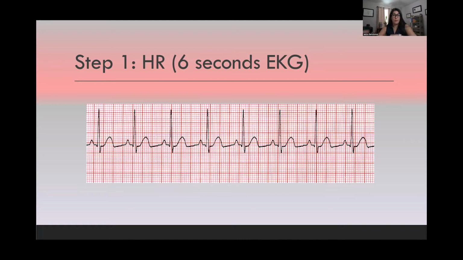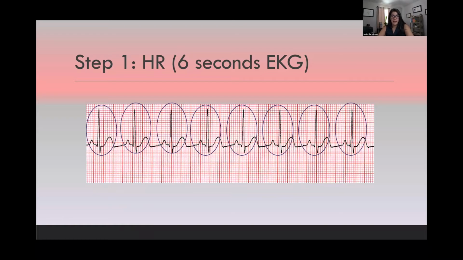So this is how we do this. We count every QRS. So we have 1, 2, 3, 4, 5, 6, 7, 8. Multiply that by 10, and my heart rate is 80. So that is how I know, if I'm just looking at a strip of 6 seconds, that the heart rate is 80 for this client.